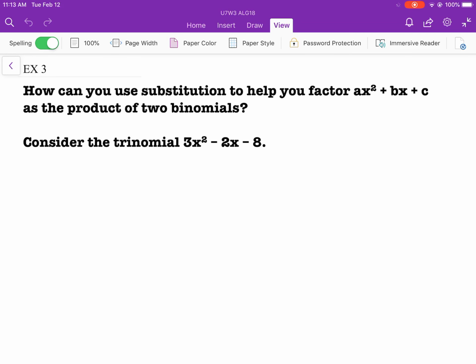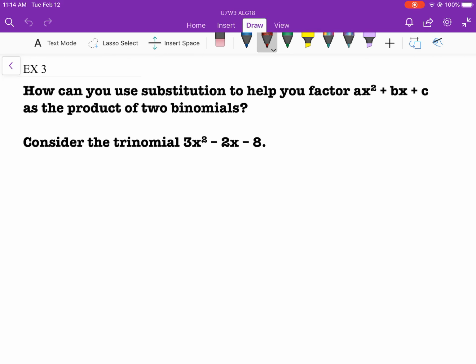How can you use substitution to help you factor ax squared plus bx plus c as a product of two binomials? I mean, you can try and just think about it in your mind. Two numbers that multiply to 21, add to negative 2. But why would you? You wouldn't really. I think what it's trying to get you to see is that this expression is prime.